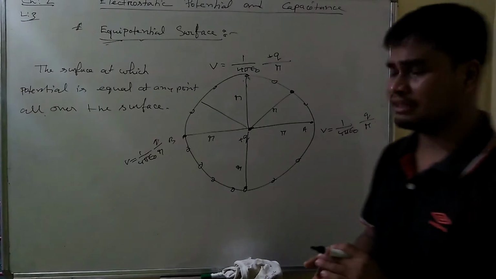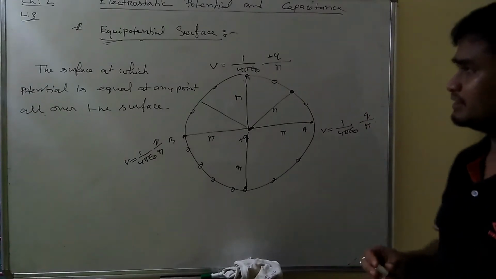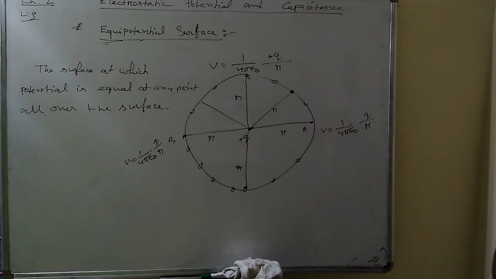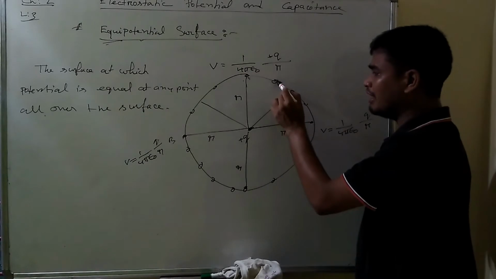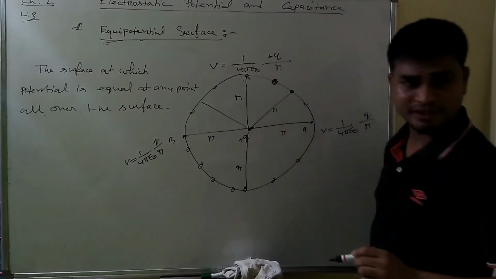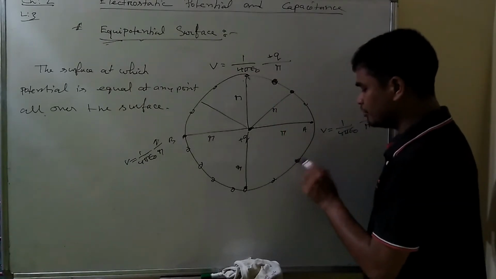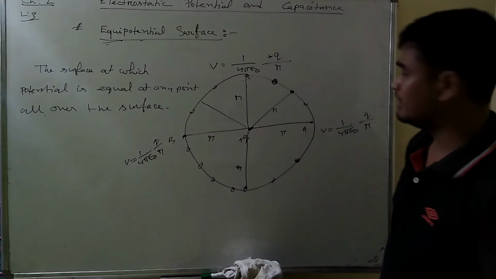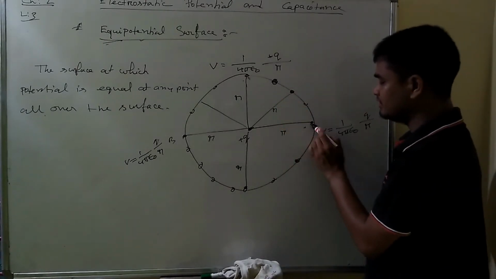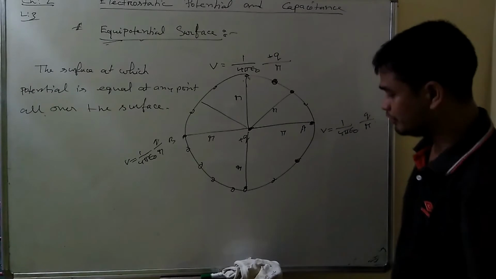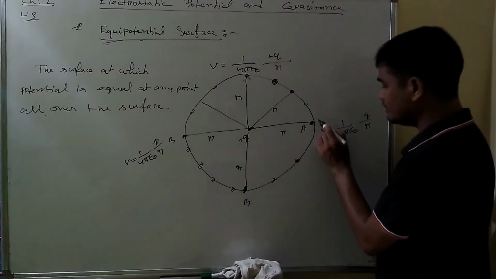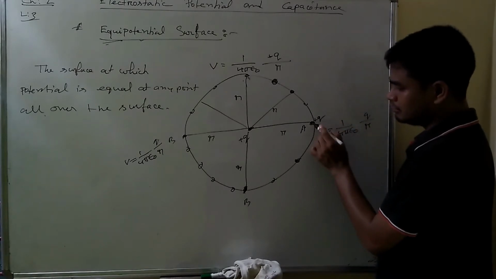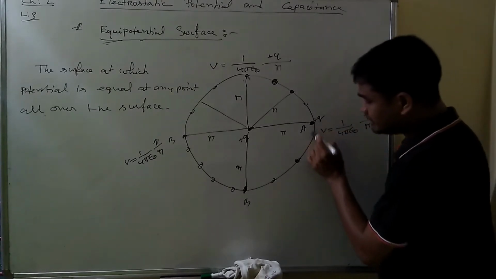Now there are some properties of equipotential surfaces. Those are: there is no need of work done to bring a charge from one point of an equipotential surface to the other point of the equipotential surface. Let us consider this is point A, and let us consider this is point B. We have to bring a charge plus Q from this point to this.